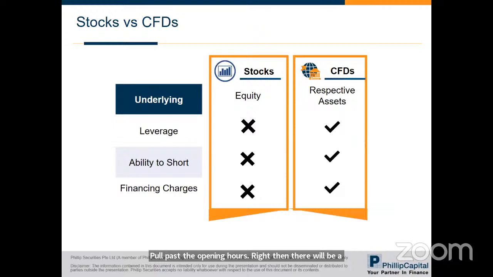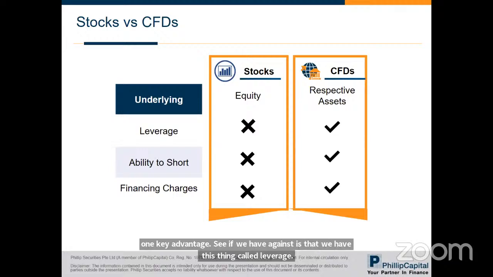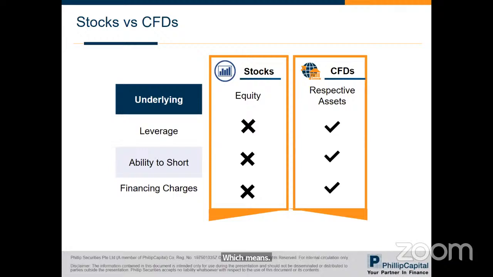So then again, what is the difference between stocks and CFD? One key advantage CFD has against stocks is leverage, which means we can use lesser margin to gain exposure, which I'll discuss more later.